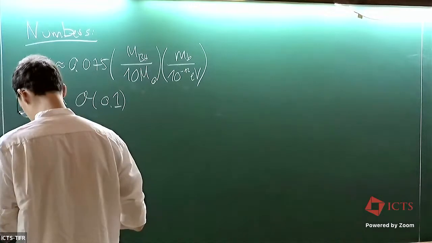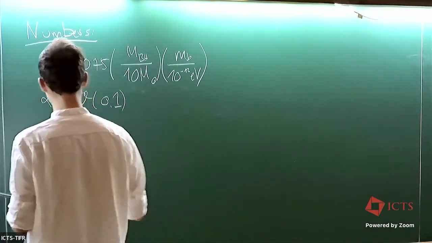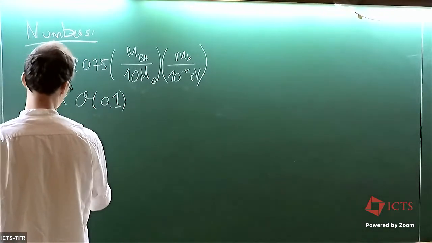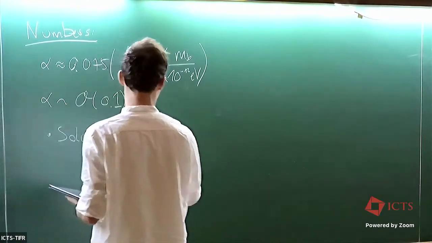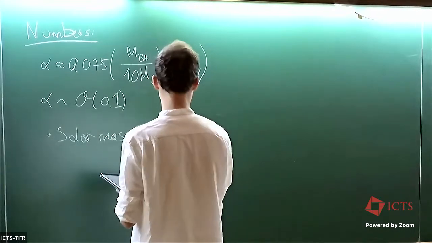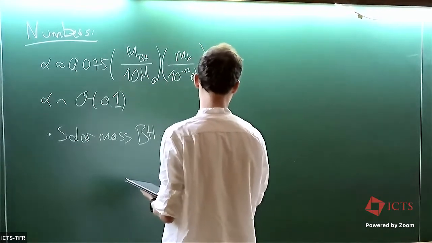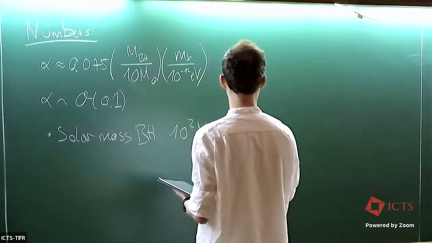To do that, let's assume that we have a solar mass black hole. Here I'm going to assume the black hole mass sits somewhere in this regime.